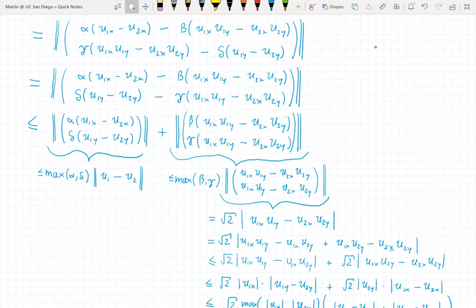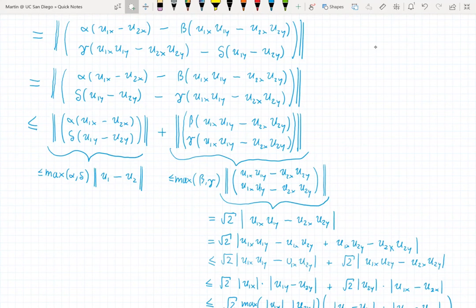Now let's move on to the second Euclidean norm. If you take a look at this Euclidean norm involving terms associated with constant beta and constant gamma, you see that actually each of the two coordinates of that vector of which we take the Euclidean norm is the same if it weren't for scaling by beta and gamma.